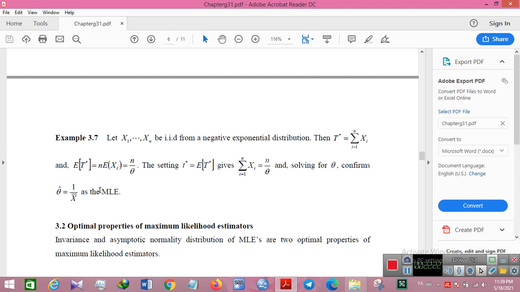In the next section, we talk about the optimal properties of the maximum likelihood. These optimal properties make the maximum likelihood method very popular in statistical inference and in applied statistics as well.